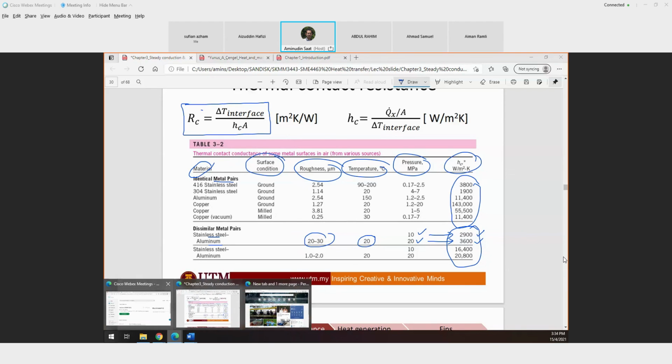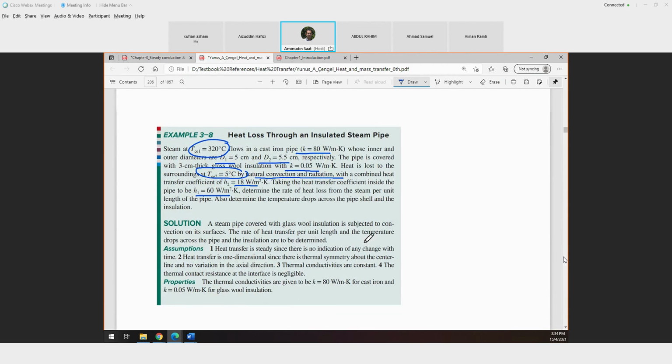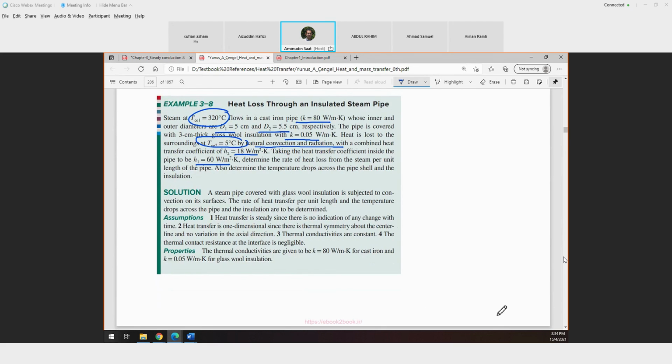Okay, let's say if you go to some textbook, see here, thermal contact resistance at interface is negligible. So this means they don't consider the thermal contact resistance. Otherwise, you need to find how much the pressure, how much the temperature at that particular interface, and in fact the material also did not provide the table completely. So to make it short or to simplify the solution, we neglect it for the first calculation.